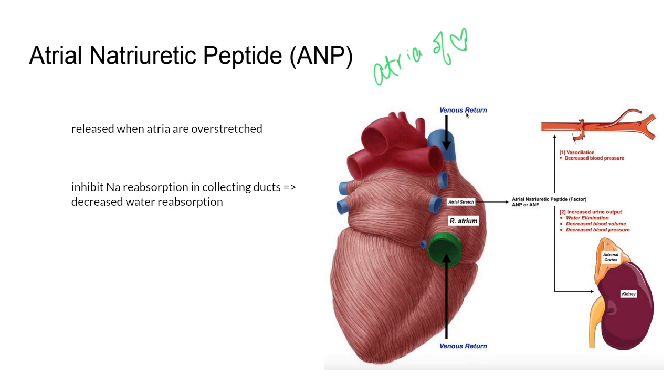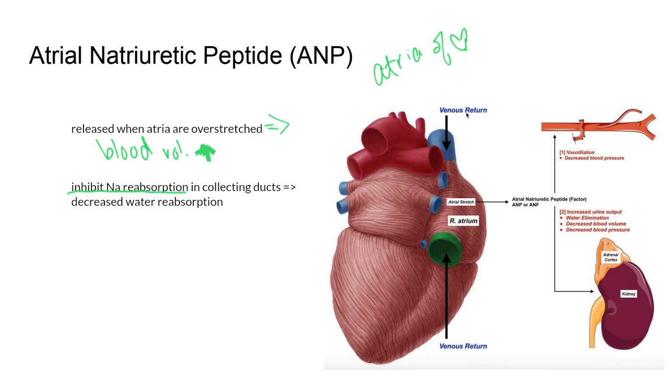So if they are overstretched, what that is telling us is that our blood volume is very high. That means the atria are essentially receiving too much blood, and it's overstretching the walls of the atria. So what this hormone will do is it will actually inhibit sodium reabsorption in those collecting ducts.